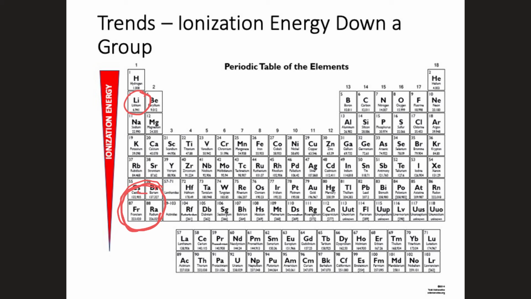It's just that as we go down a group, the easier ones are on the lower left, right? So as we get further and further away from helium, fluorine, and neon, the further away we get, the easier it is to remove valence electrons, right?